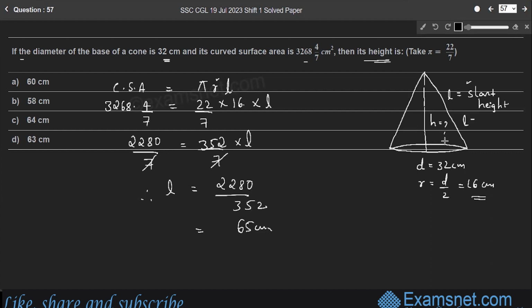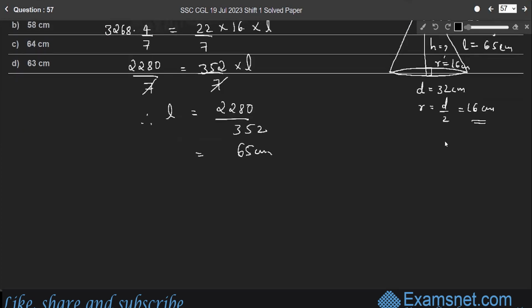So here L is equal to 65 centimeter and radius is 16 centimeter. Right? So we can apply Pythagoras theorem to this triangle. So we can easily find the height. Therefore, height square is equal to L square minus R square.